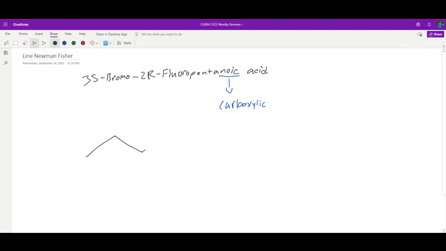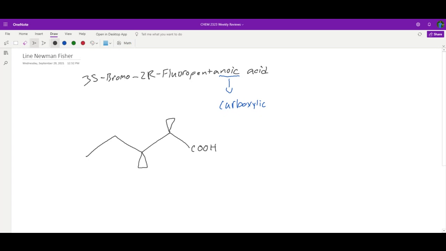So it looks like this. Now my bromine and fluorine are going to be on carbons 2 and 3, but I don't know if they are on wedges or dashes. So you do have to guess and check, because there's no absolute correct way without drawing anything.